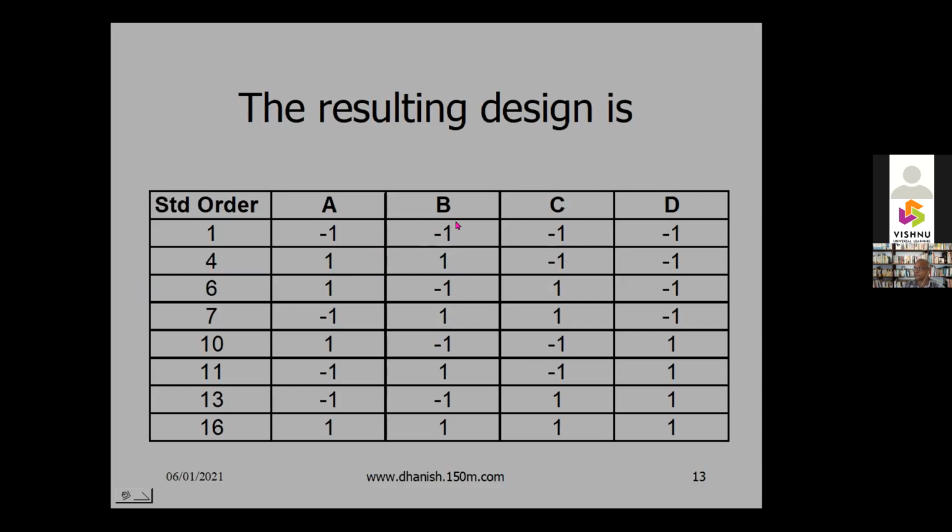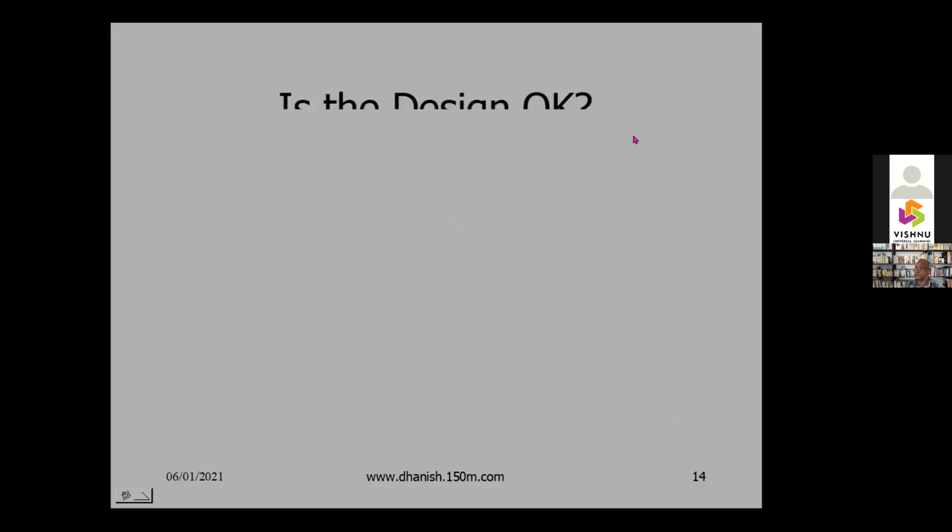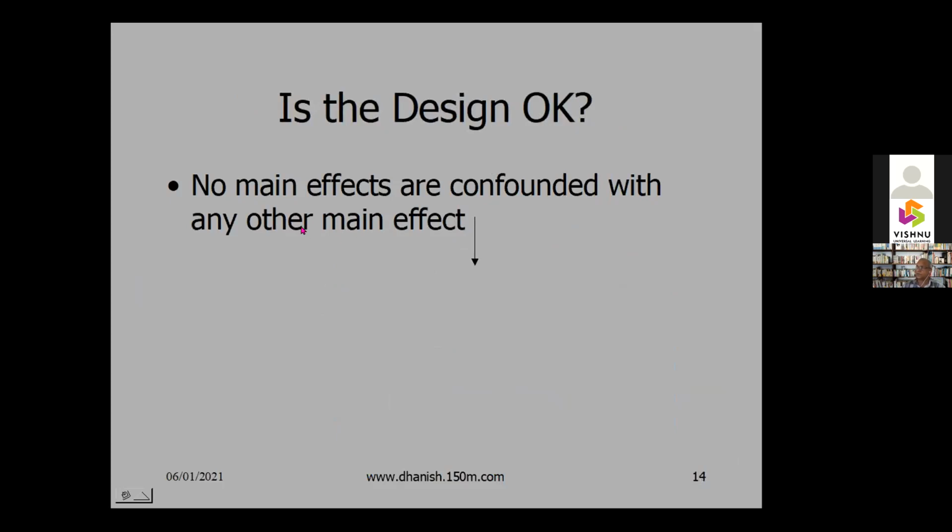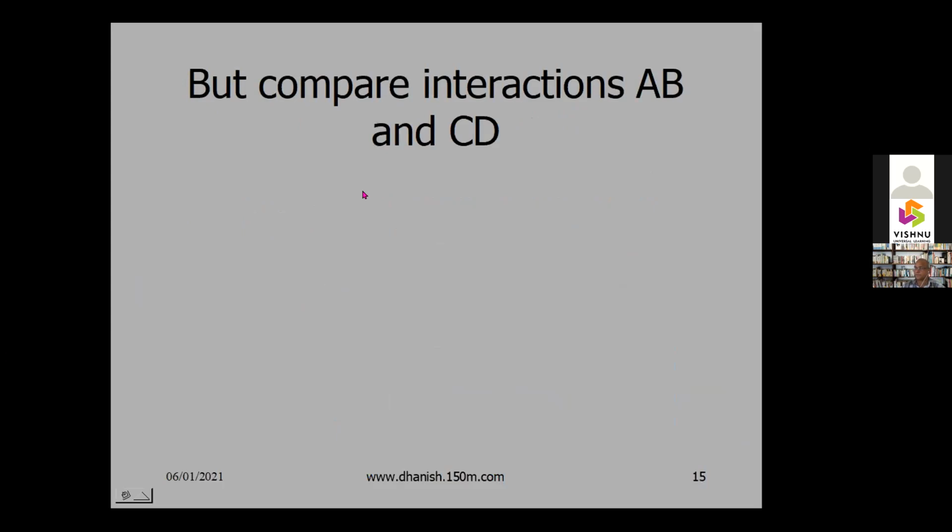Here -1, -1 are the same, but there 1, -1 is there, so B and C are different. Like that you can check all, and we can find that no main effect is confounded with any other main effect. So all the main effects can be identified clearly. That way it is safe. But compare interactions AB and CD.